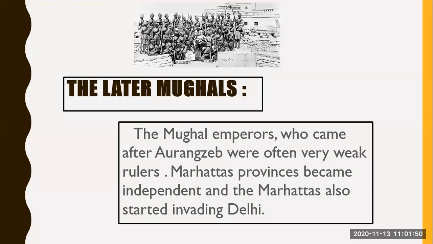But when we talk about the great Mughals, we include only six Mughal kings. Why? Because the last Mughal, Bahadur Shah Zafar, was defeated by the British, so we do not include him in the great Mughals.